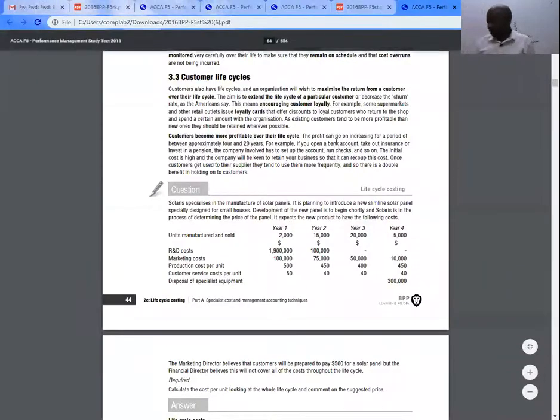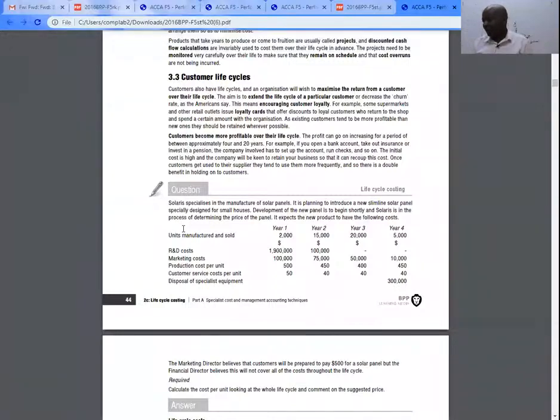Very easy. So you can see here they're telling us units manufactured and sold: year 1, 2,000 units, year 2, 15,000 units, year 3, 20,000, and year 4, 5,000. So it will be very important for you to underscore the quantity.